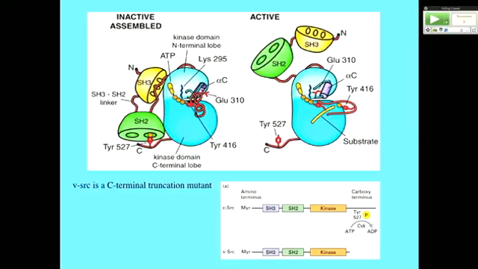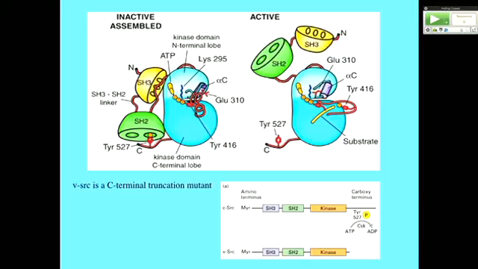It wouldn't be inactive, meaning it would be active. Excellent. Okay. So if it's missing this phosphotyrosine domain, the SH2 cannot fold properly by binding to what's missing, right? If it can't bind the phosphotyrosine because it's missing, you can't have this folding.